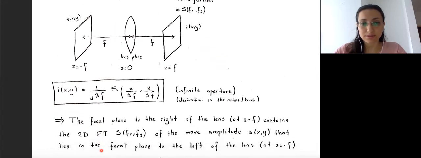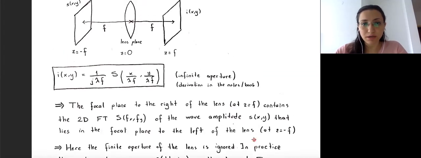It simply tells us that we can compute the Fourier transform of an object by simply placing a lens in the middle of a 2f distance. If we put a lens in the middle of a 2f distance, then we can compute a Fourier transform. So we can move to the frequency domain, or get the frequency domain representation of the input signal.